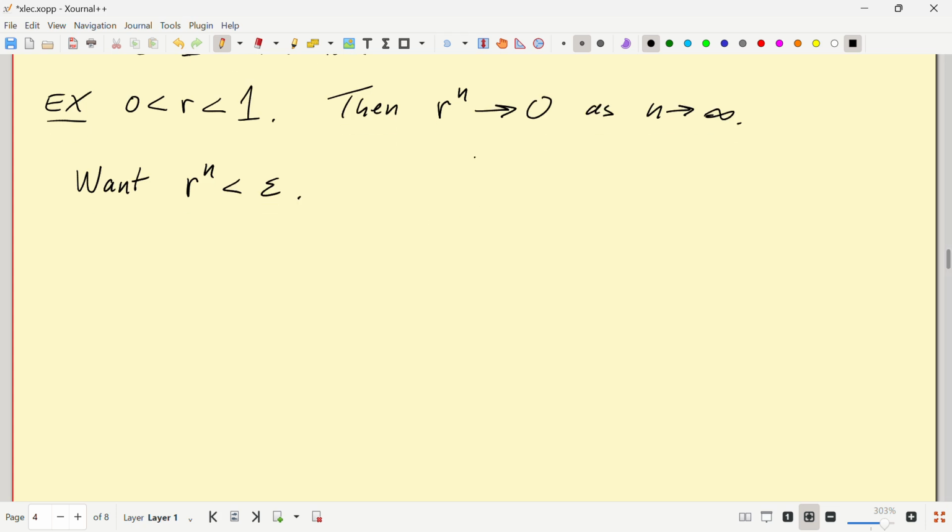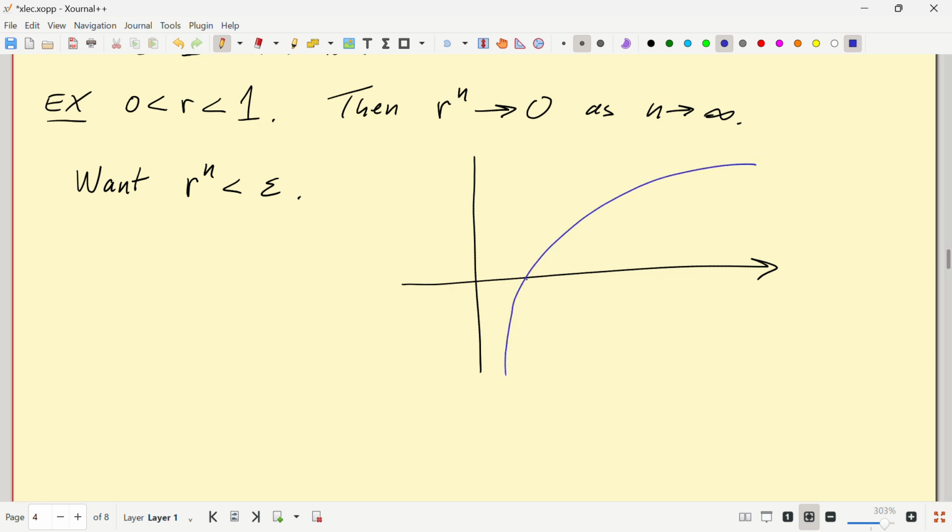Okay, so I'm going to graph the natural log function here. The natural log of 1 is 0. This is the graph of the natural log of x.